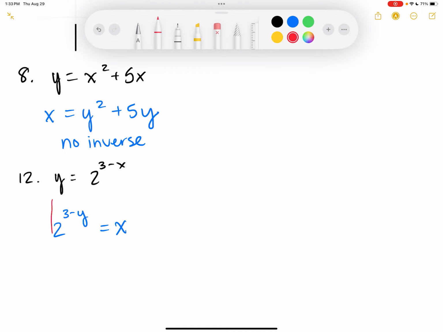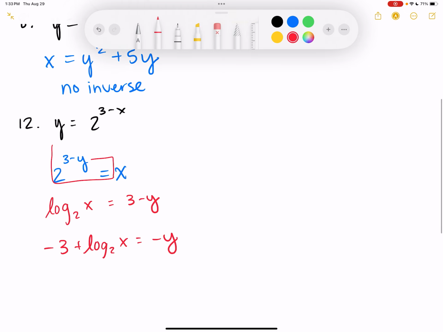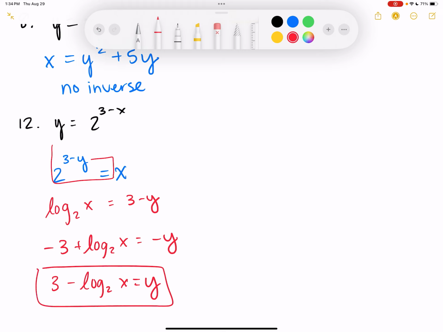So log base 2 of x is equal to 3 minus y. Then I can subtract the 3. So negative 3 plus log base 2 of x equals negative y. Divide by the negative, so 3 minus log base 2 of x equals y, and that would be the inverse of that.